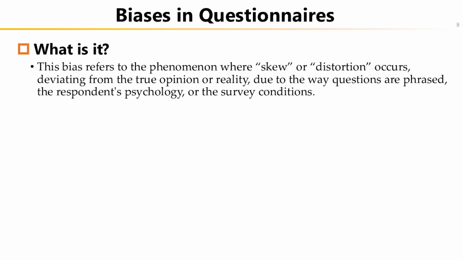This page describes precautions to take when creating questions. In other words, you should avoid questions that may bias your subjects. This bias refers to the phenomenon where skew, or distortion, occurs, deviating from the true opinion or reality, due to the way questions are phrased, the respondent's psychology, or the survey conditions.